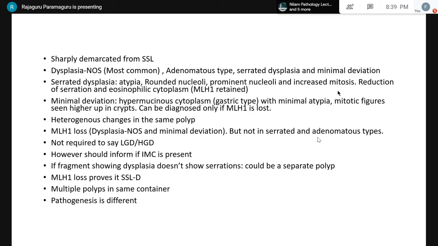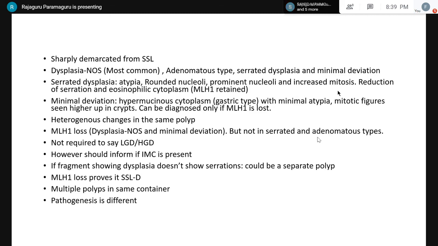One might be a hyperplastic polyp, the other might be an adenomatous polyp, the other might show a sessile serrated lesion. So we might be confused whether we are dealing with a sessile serrated lesion with dysplasia, as a sessile serrated lesion might show adenomatous type of dysplasia and other types of dysplasia. In those particular cases, mainly the endoscopic report will really help, like if it is a single polyp or multiple polyps.